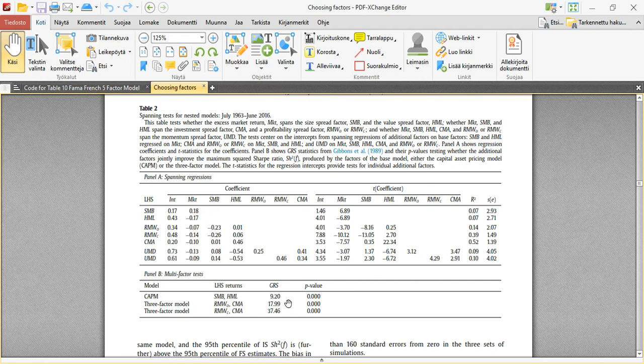So that's basically what we learn from table 2. Again, whenever the intercept term is significant, it means that adding this risk factor to an existing model increases the mean variance frontier, which means that it increases the maximum squared Sharpe ratio.